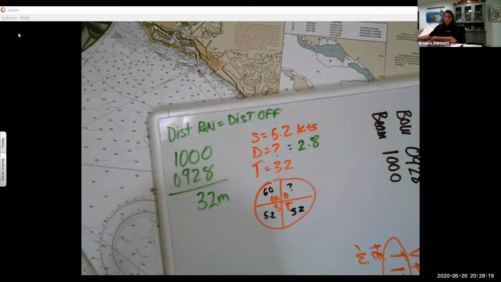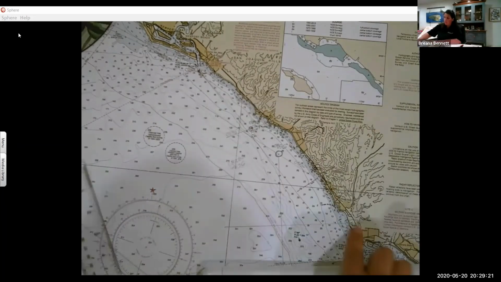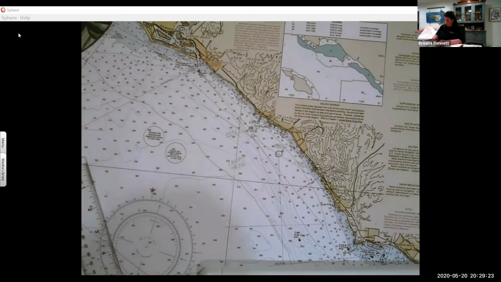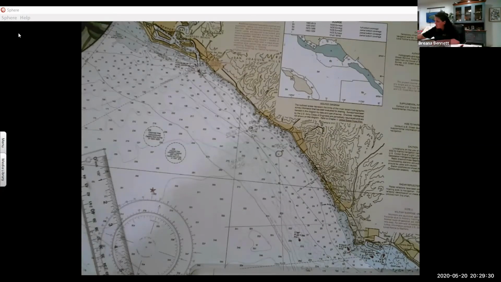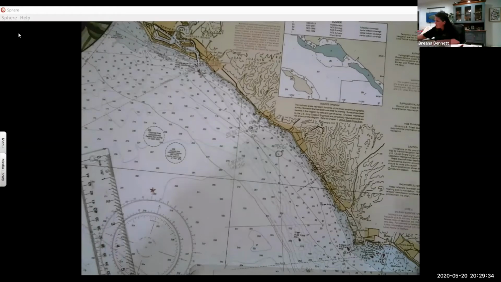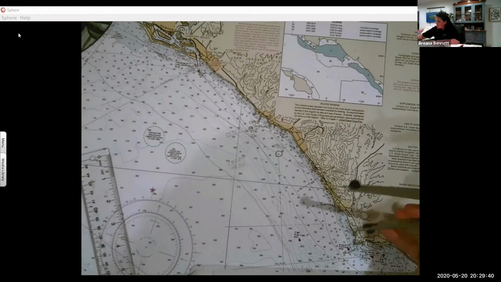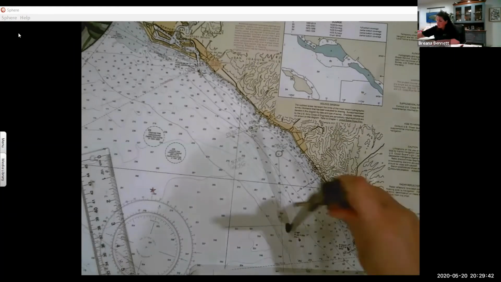So I'm somewhere along this line. Now I have a distance off of 2.8 from my building.